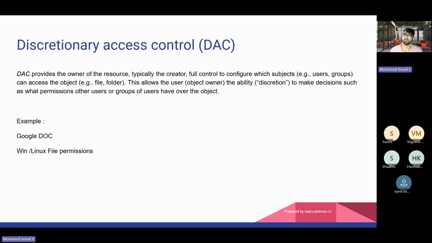You are the owner of the file, so you can grant edit permission or view permission to others. So the object owner can grant permission to others. This is called the discretionary access model.